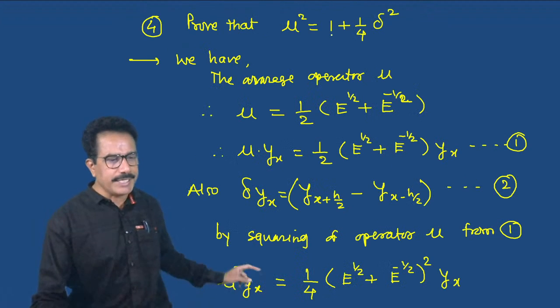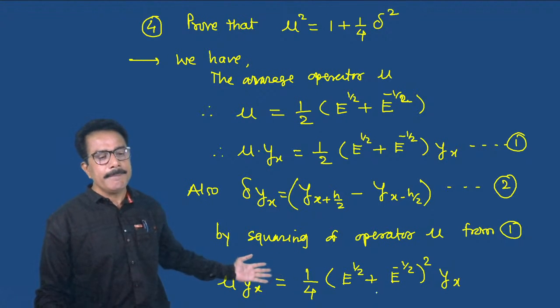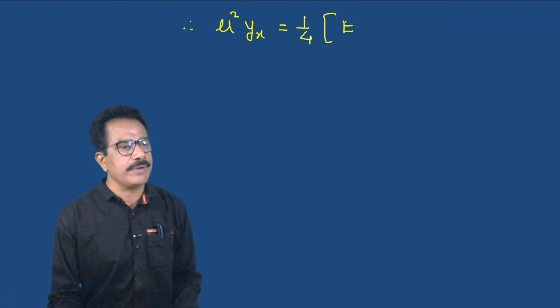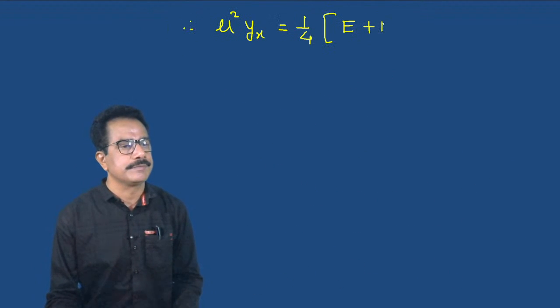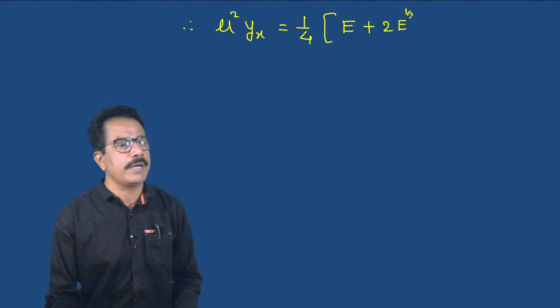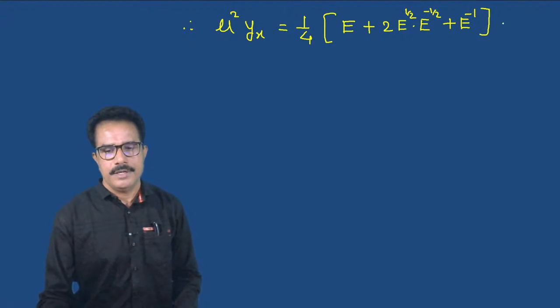Now take its expansion, a square minus 2ab plus b square. So we can write a square plus 2ab, 2 times e raised to 1/2 e raised to minus 1/2, plus b square means e raised to minus 1 of yx.